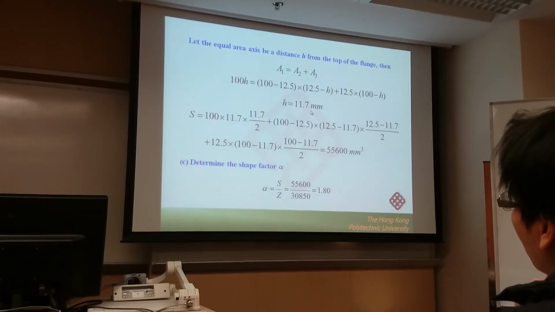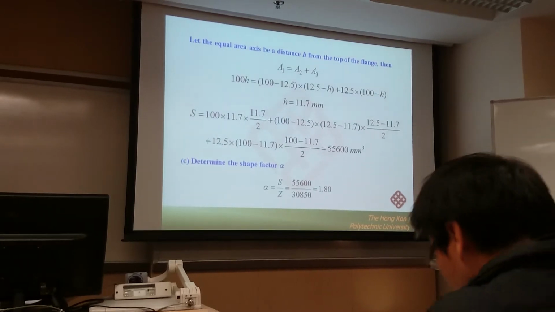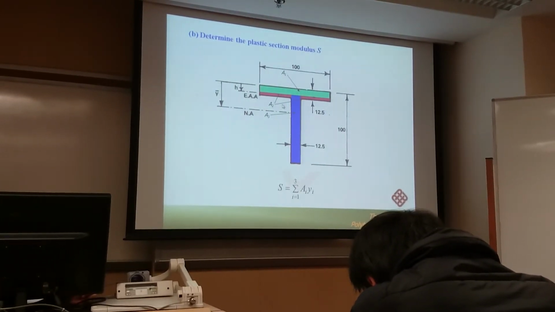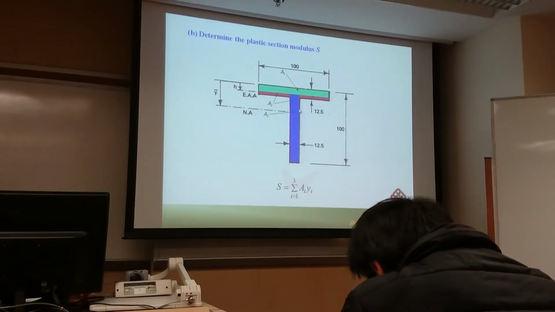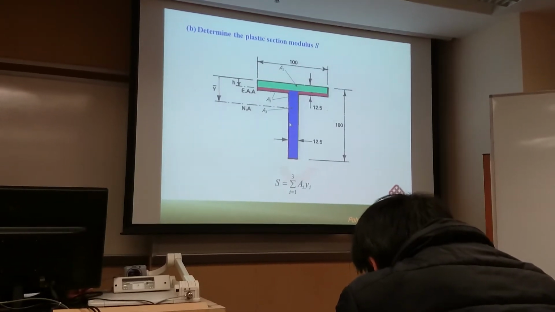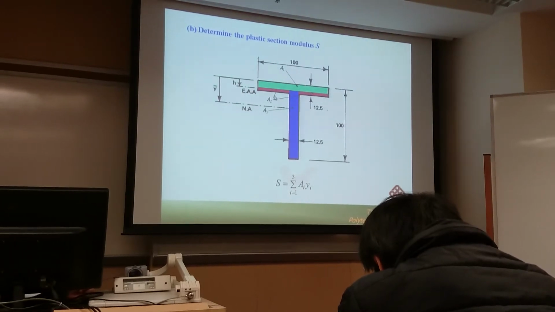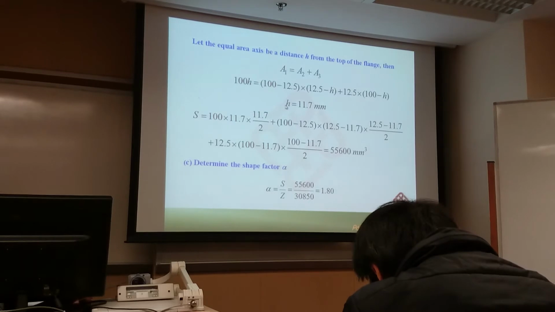If H is larger than 12.5, you have to make a different assumption and repeat the calculation. A different assumption means you assume the equal area axis is in the web. Then the web is separated into A2 and A3, and the equation becomes A1 plus A2 equal to A3. Do you understand? So we can obtain H.